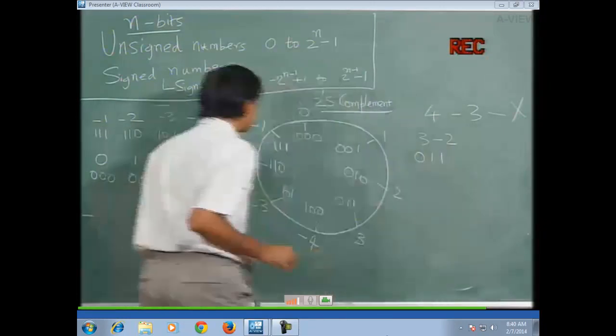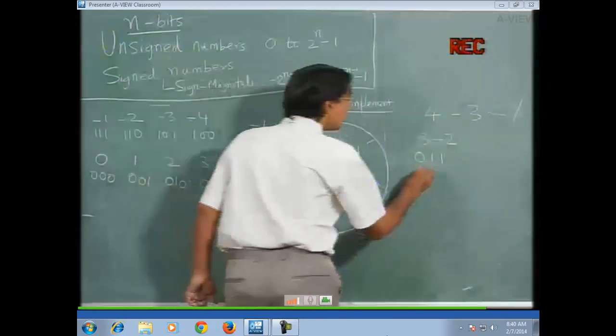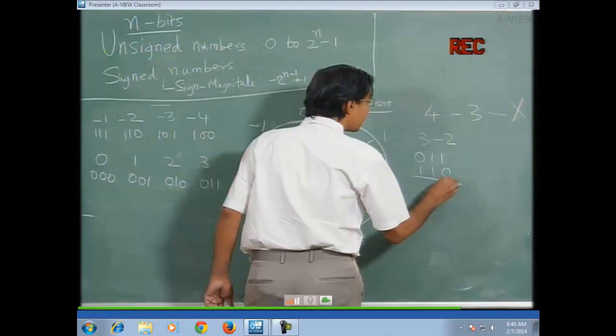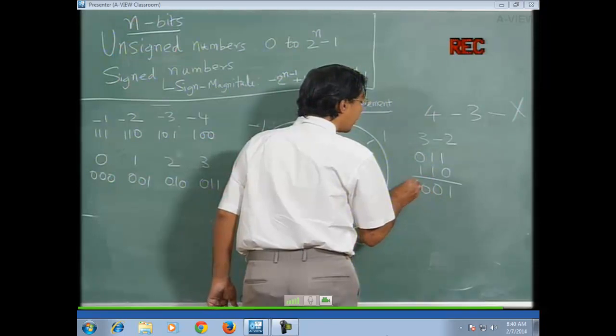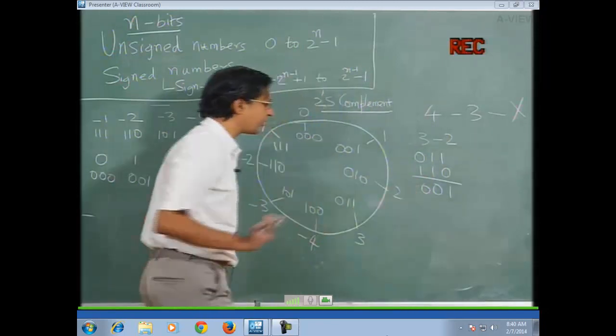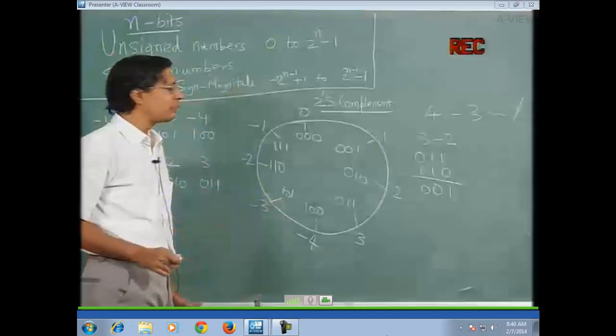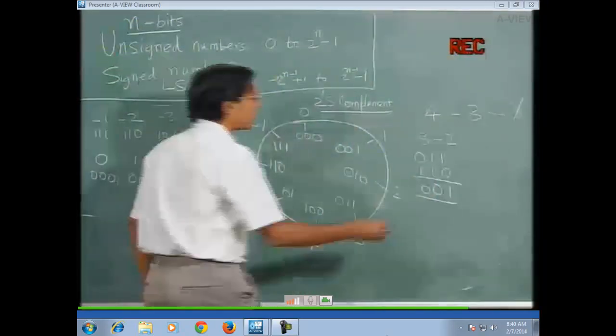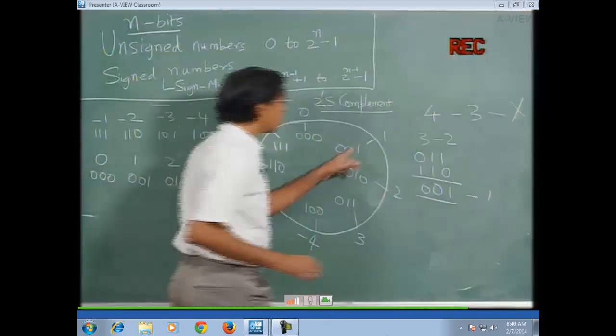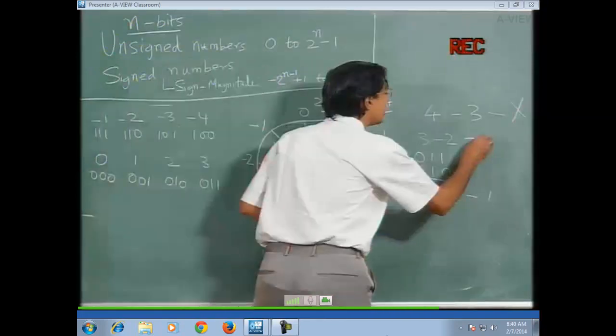What is minus 2? 1, 1, 0. Add it, I get 1, 1 plus 1 is 0, 1 plus 1 is 0, and I get an extra 1 that goes off because I can only represent 3 bits. So what is 0, 0, 1? 0, 0, 1 is 1. So 3 minus 2 equal to 1.